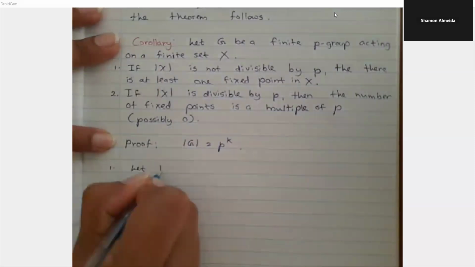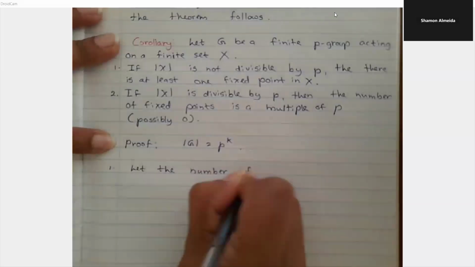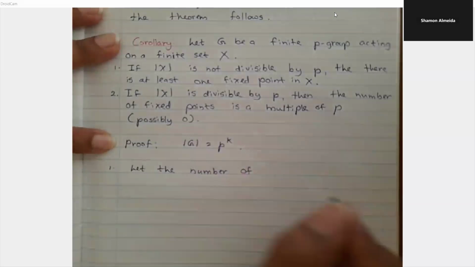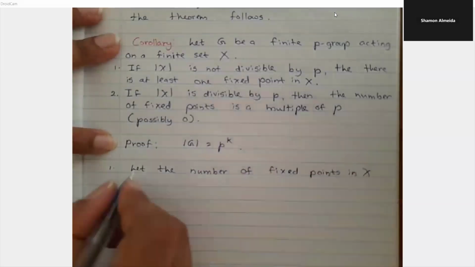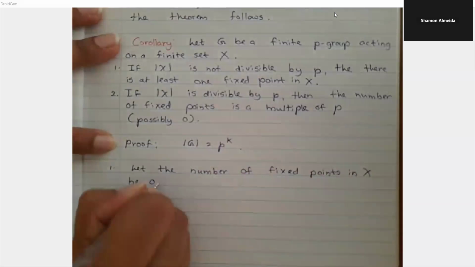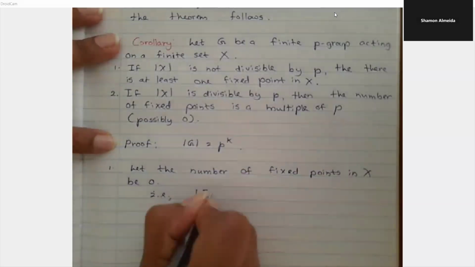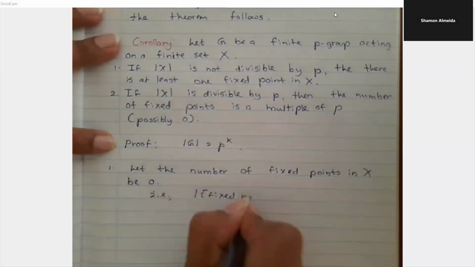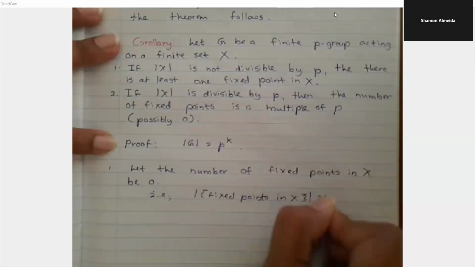Let the number of fixed points in X be 0. Right? What does it mean? The order of this set, fixed points, is equal to 0.